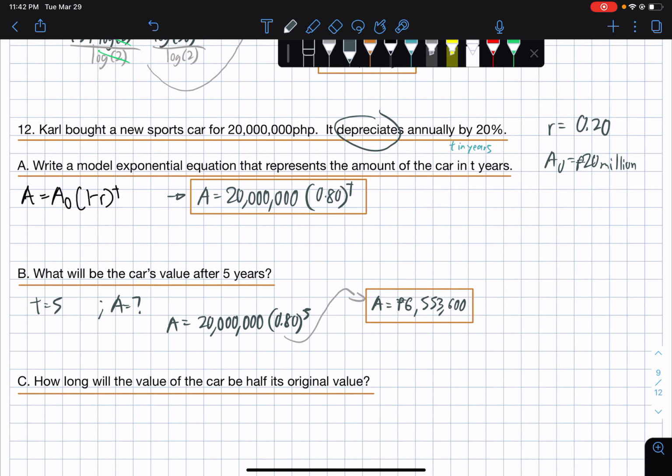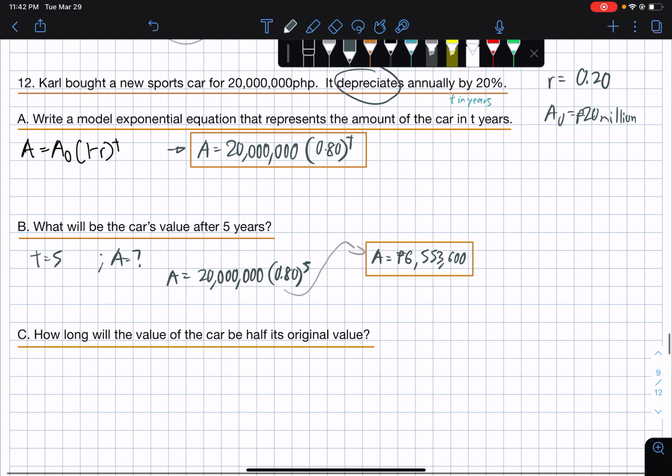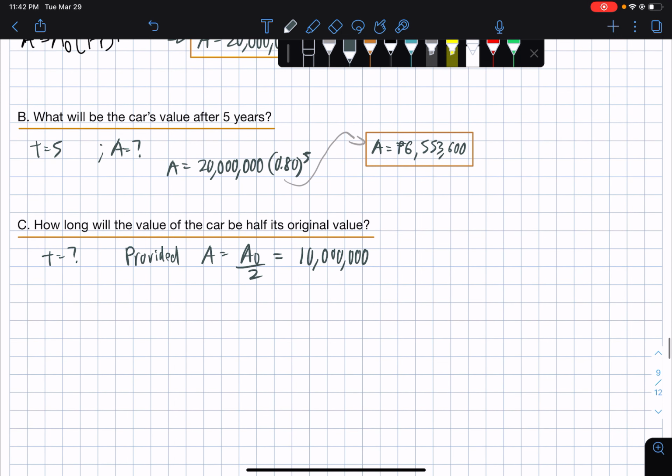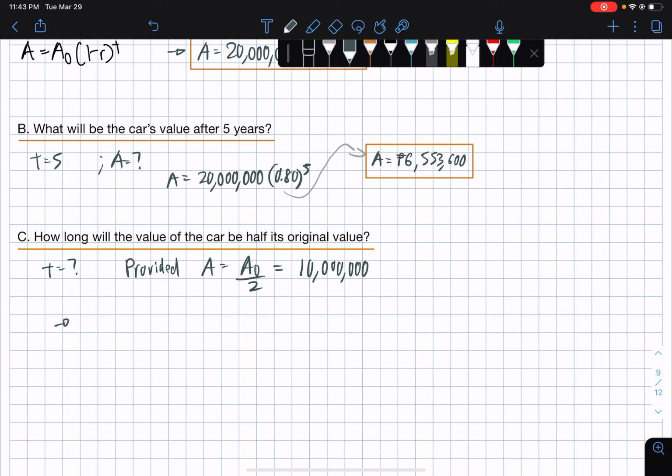How long will the value of the car be half of its original value? So how long? T is equal to question mark, provided that the current value of the car will be half of its original value. So A0 divided by 2, which is basically 10 million. So in that case, 10 million is equal to 20 million.